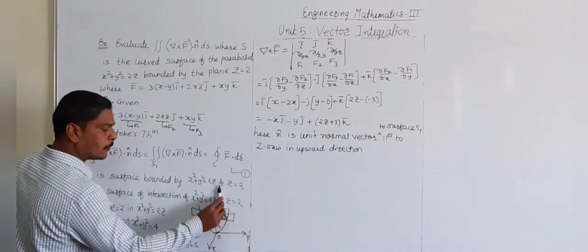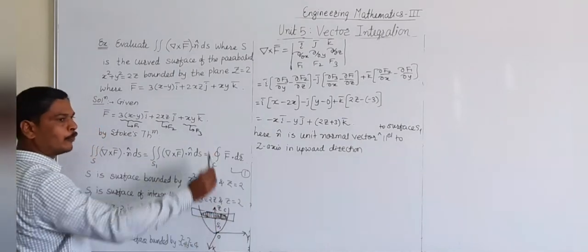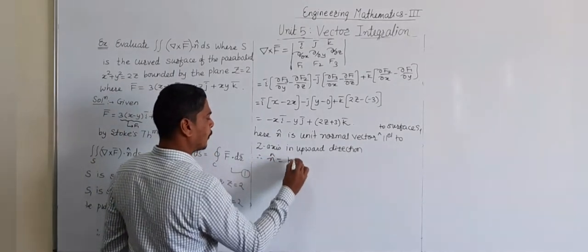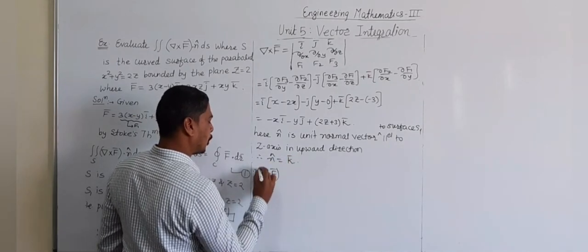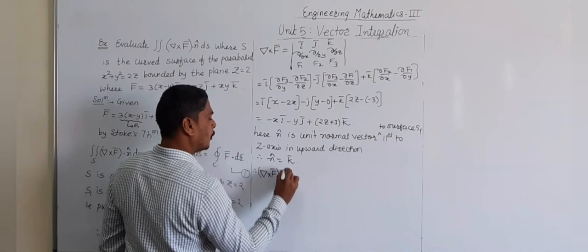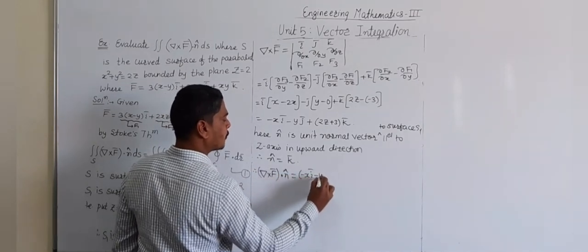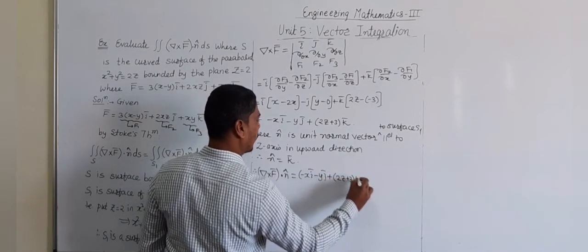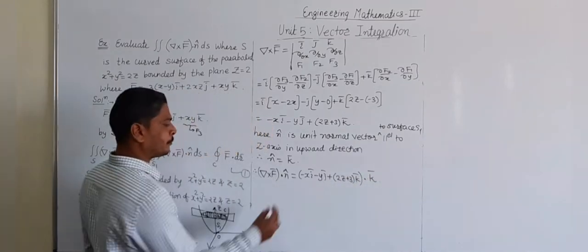Suppose this is our normal vector n cap, which is in the direction of z axis, in upward direction, and therefore n cap becomes k bar, and therefore del cross F bar dot n cap is equal to minus x i bar minus y j bar plus 2z plus 3 into k bar, and its dot product with n cap means with k bar.